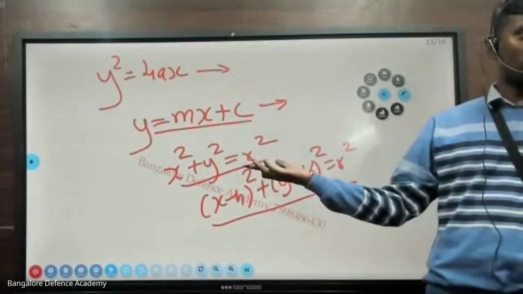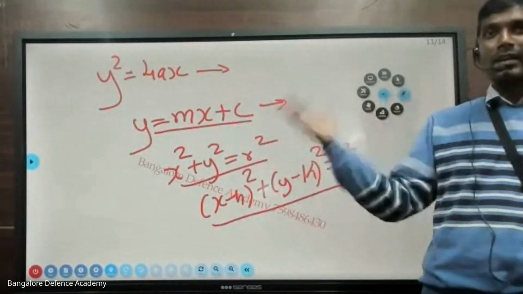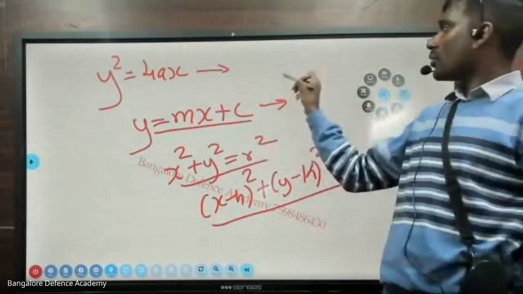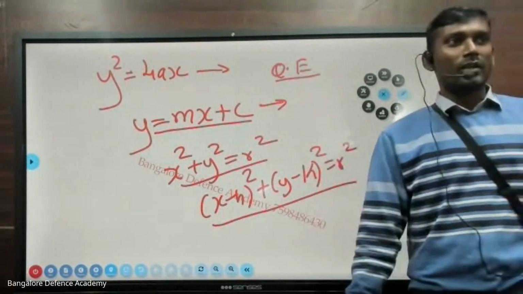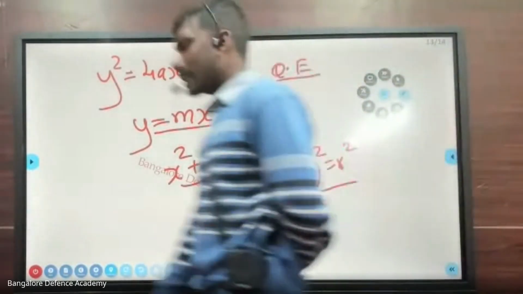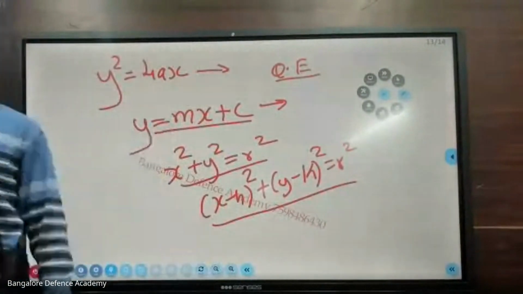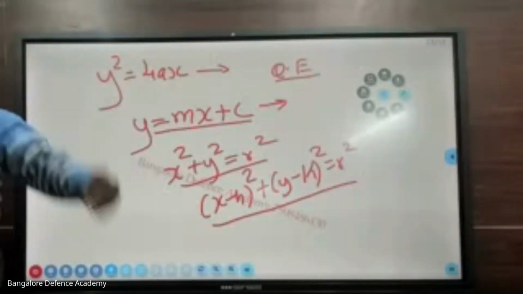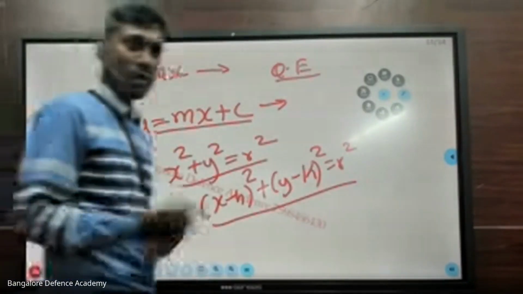This is your future. Those who are here in the 9th and 10th, this is your future. I'm showing it right now because you should not skip quadratic equation. You may think, sir has shown me the future, so I will take a U-turn, and when the barricade comes, I will take another course like BCom or history or geography.